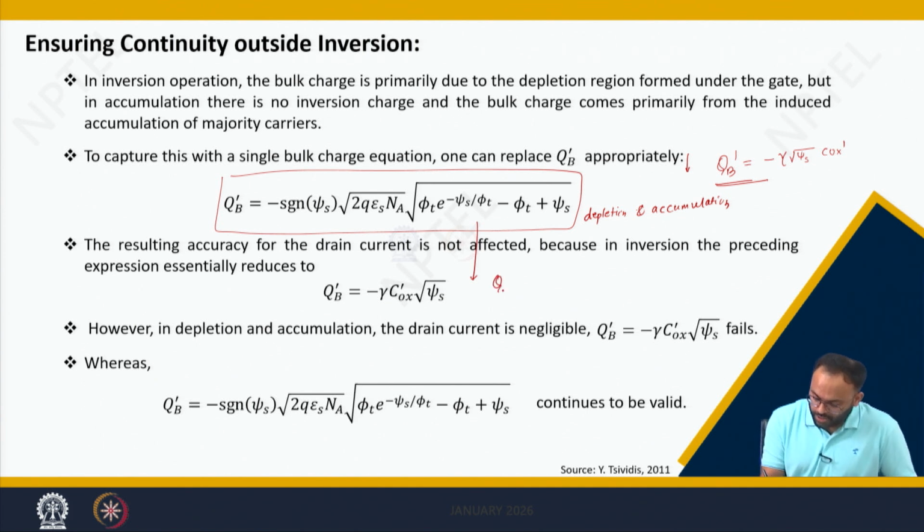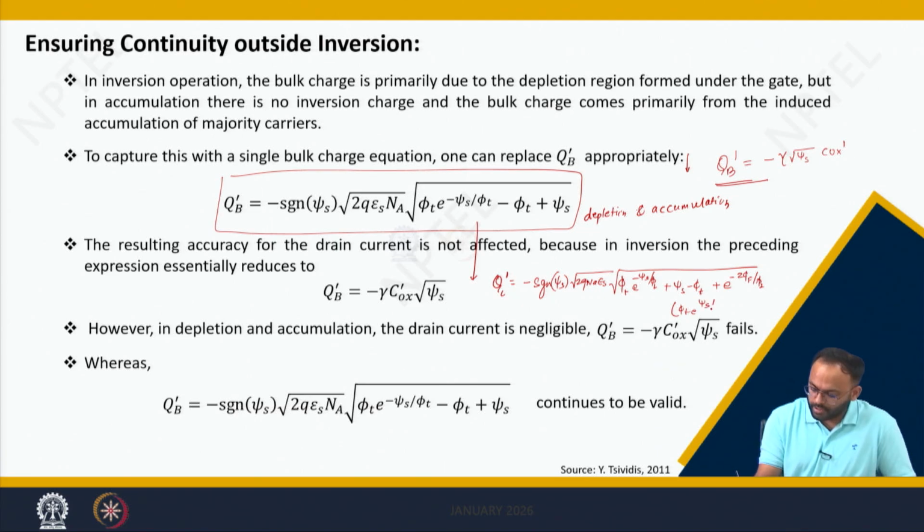You remember we wrote QC dash as minus of signum of psi s 2 into q into Na into epsilon s into phi t e to the power of psi s by phi t plus psi s minus phi t plus e to the power of minus 2 phi f by phi t into phi t e to the power of psi s by phi t minus psi s minus phi t.